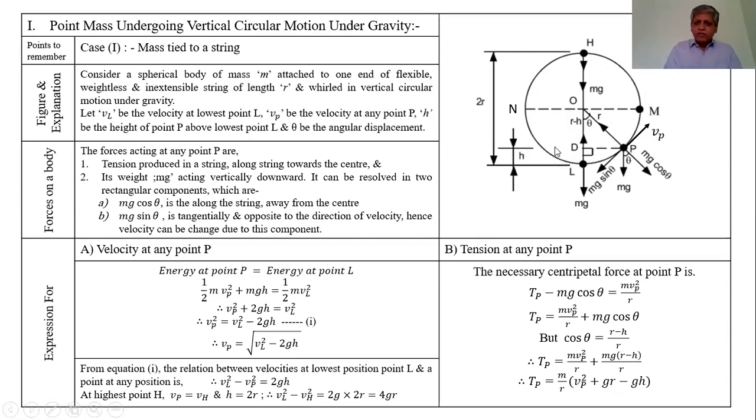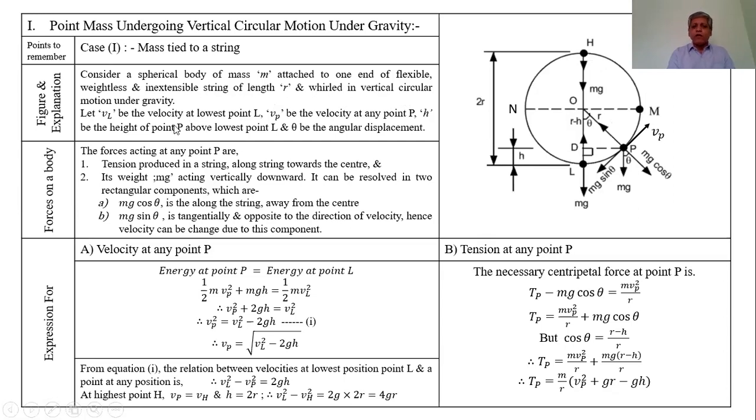To explain these concepts, first draw the diagram and then give the explanation. Consider a spherical body of mass m attached to one end of a flexible, weightless and inextensible string of length r and whirled in a vertical circular motion under gravity. That is the first point of explanation.